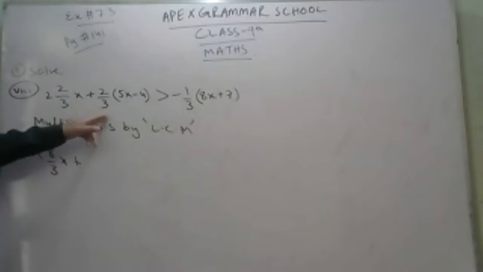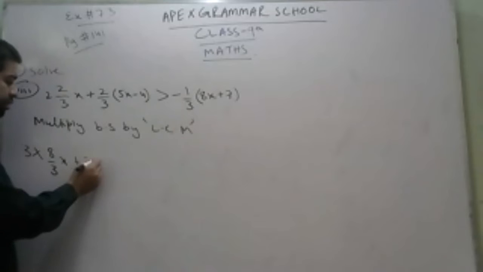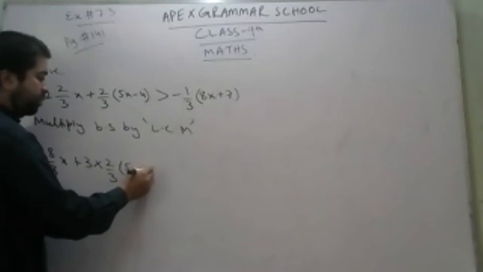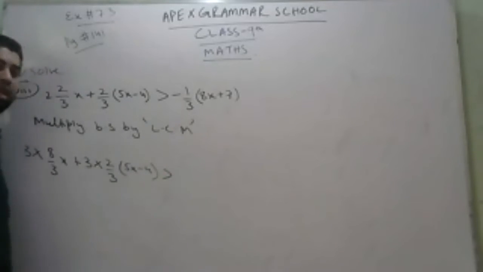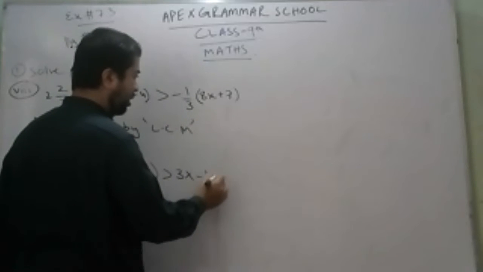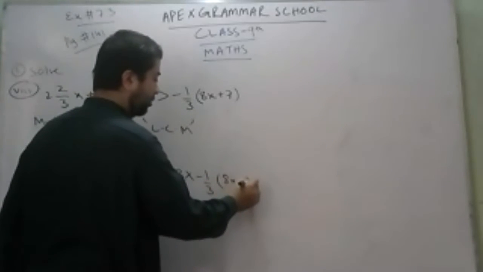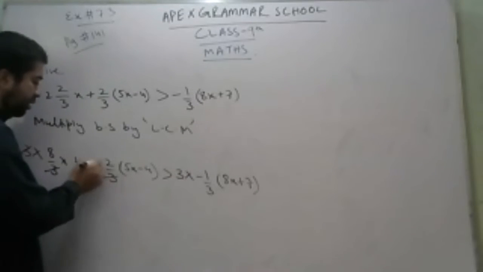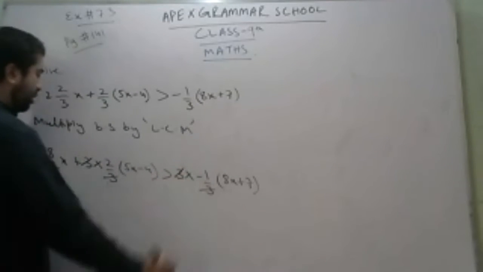you also need to multiply 3 with this: 3 multiplied by 2 by 3 into 5x minus 2. Also multiply 3 here: 3 multiplied by minus 1 by 3 into 8x plus 7. Now cancel this 3 with this 3, each 3 with its 3.